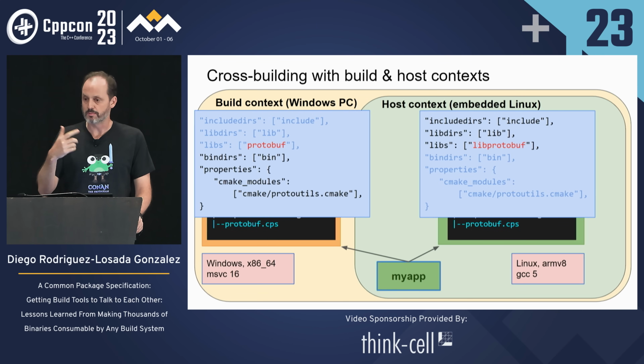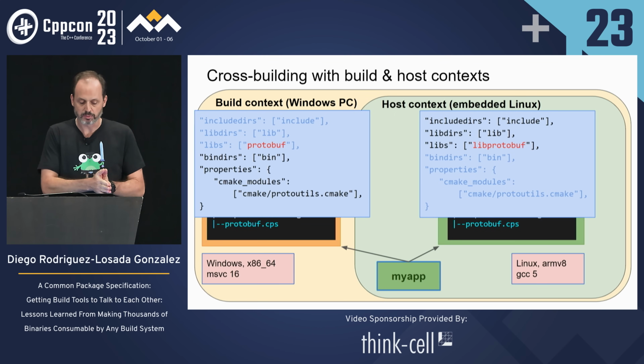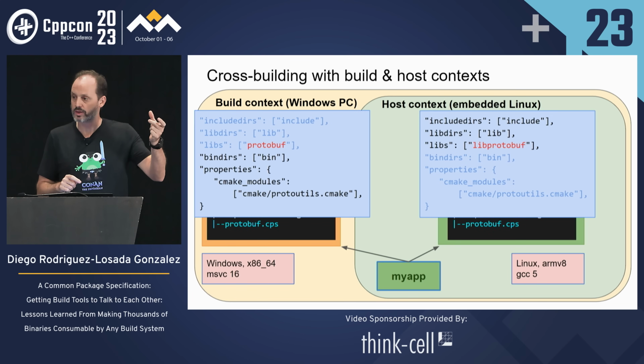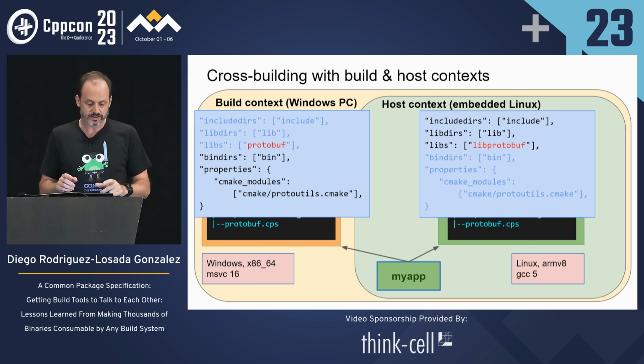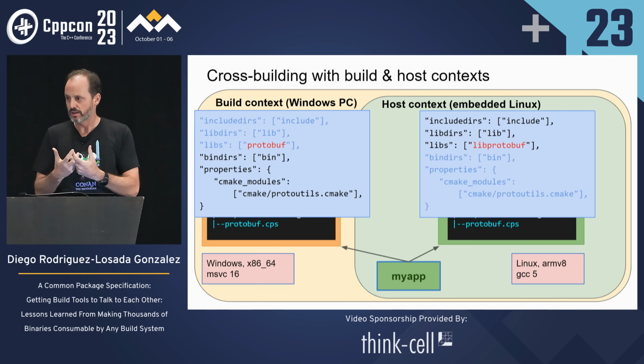And whenever we need the proto-C, actually when we are going to use the macros of the protoutils.cmake to generate C++ code, we need the build system to locate the protoutils.cmake in the Windows package, because that will find the proto-C in Windows, and they will be able to run the proto-C of the build context, which is the Windows machine. This is something that Conan has been doing for a long time, as it's typically challenging to do, because it's a kind of new concept that you actually need two different binaries of the same thing if you want to cross-build.